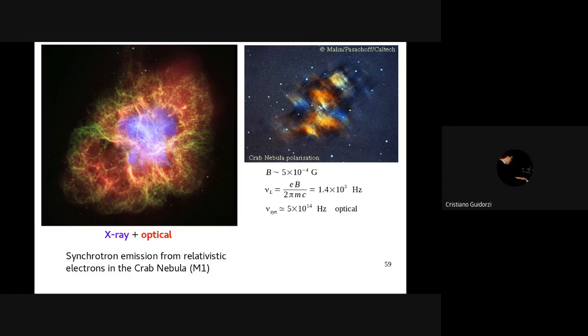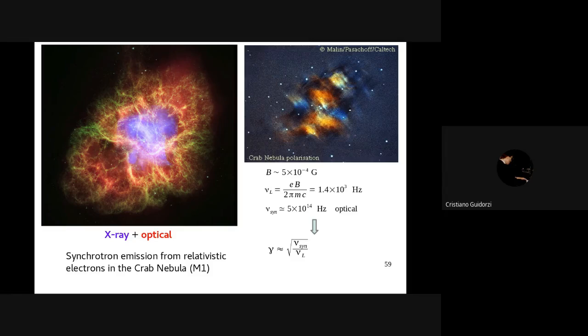So if we interpret this as the critical frequency, neglecting the 3/2 factor and the sine of the pitch angle, which is not the point here, since this is an order of magnitude estimate, you immediately see that the synchrotron critical frequency is gamma squared times the cyclotron frequency.